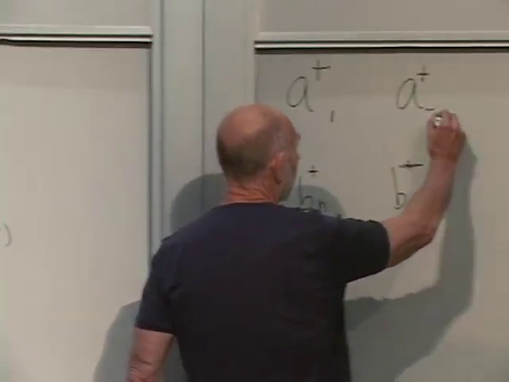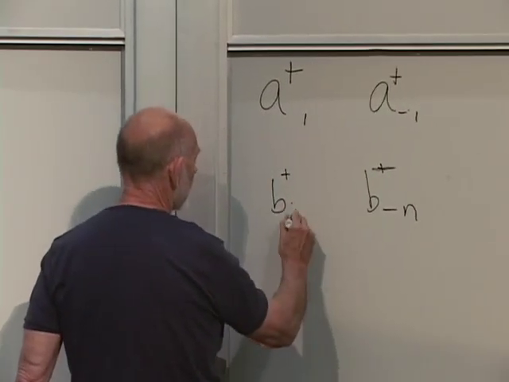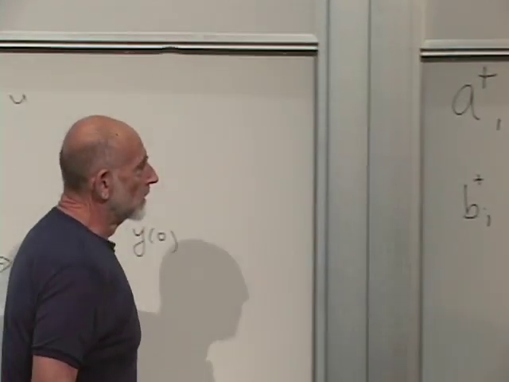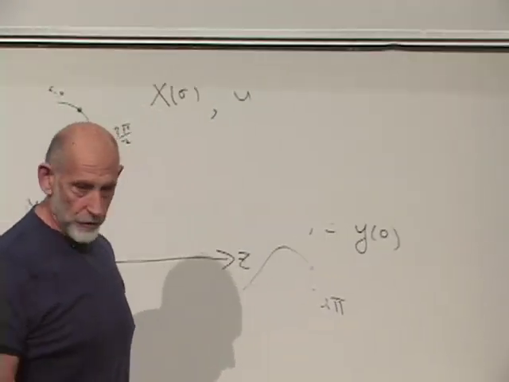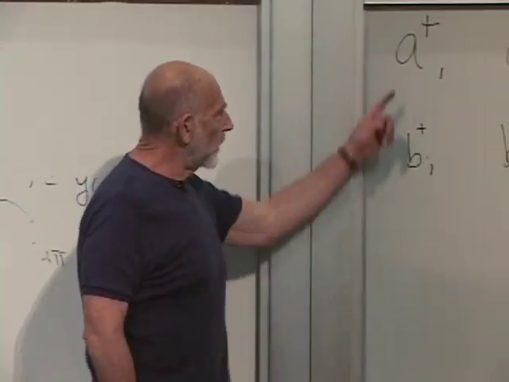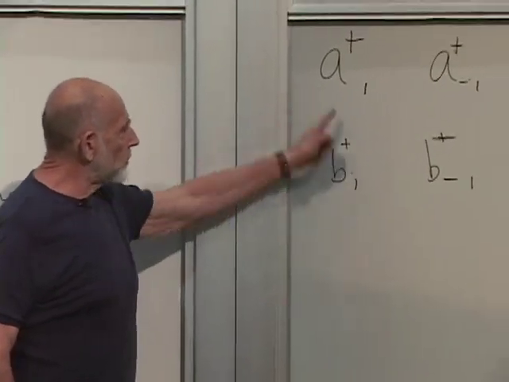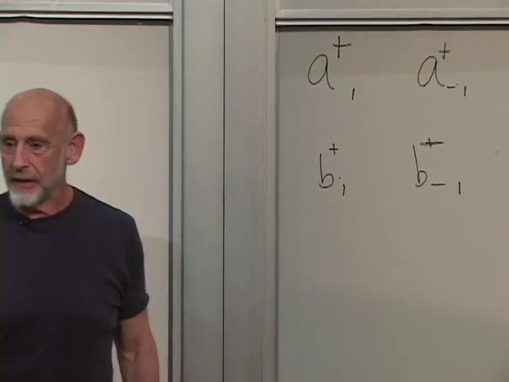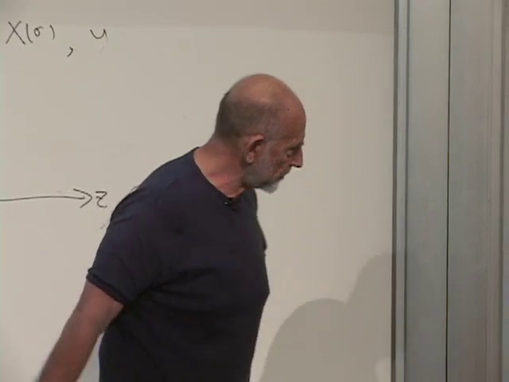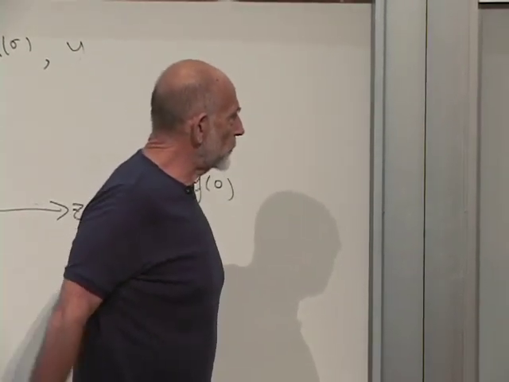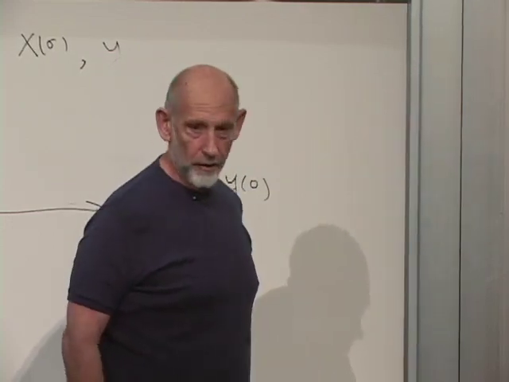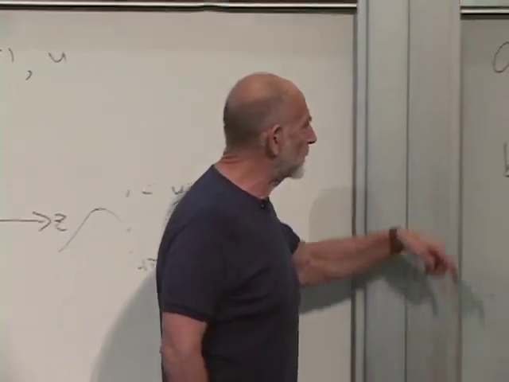We have to make the lowest excitation, so we only want to use 1 here, 1 here, 1 here, and 1 here. We don't want to excite it with 2 units of energy, so we don't want to use A2 and B2. Okay, what can we make? It looks like we can make 4 distinct states, which look like they're having 2 photons.